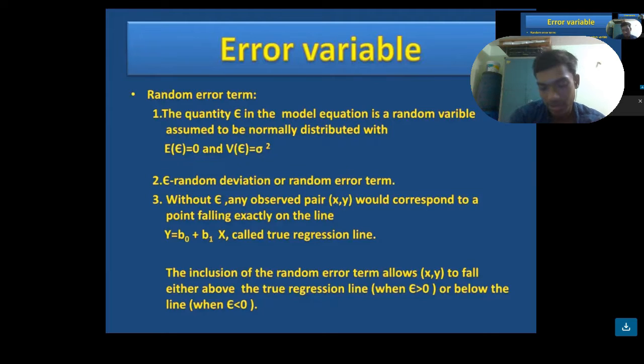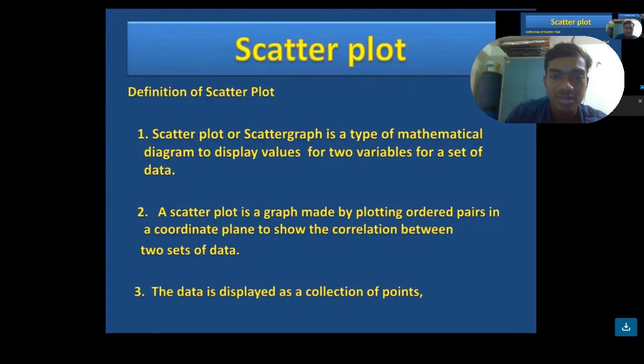So the actual line will be above and the predicted line below. In the case where epsilon is less than 0, the error is negative, which means the predicted values are greater than the actual values. In this case, the predicted line will be above the actual line.